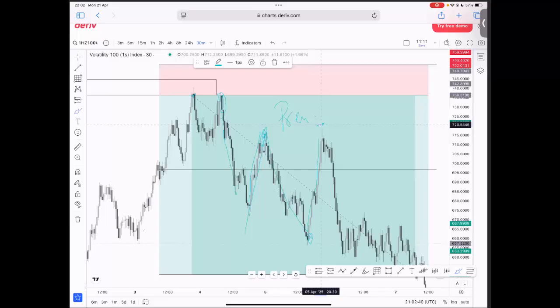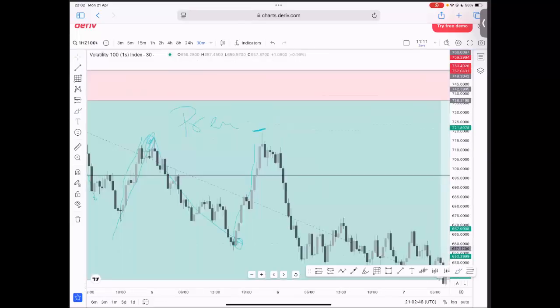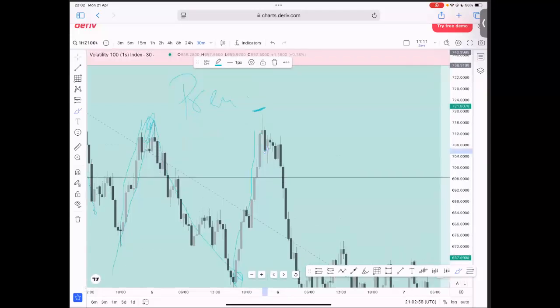I showed you, but then if you look at what happened, the difference between the point at which this closed and the other is significant. All right, it closed at 712, at what, 706 or 700. All right.